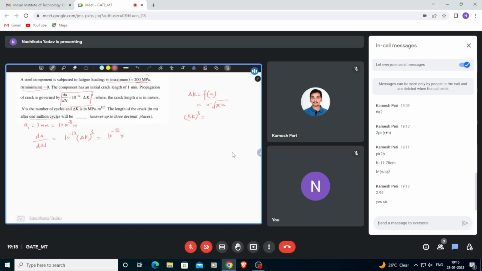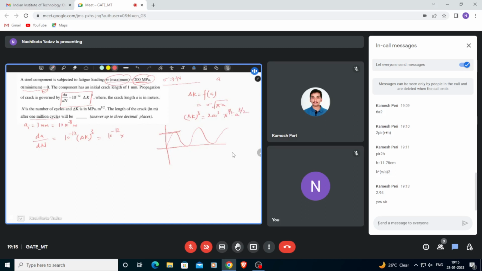We will take the maximum value because when sigma is positive, if you plot the S-N curve, then if sigma max is the maximum, meaning 200 megapascal stress, then the crack will grow. If it is 0, then the crack will not grow. So we will ignore this sigma mean. So it will be 200 cube pi to the power 3 by 2 into a to the power 3 by 2.